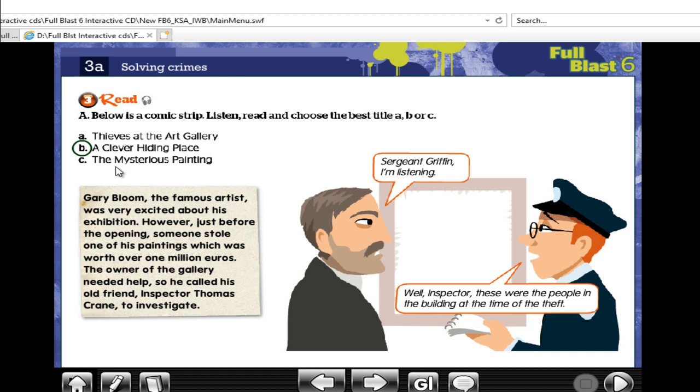However, just before the opening, someone stole one of the paintings, which was worth over 1 million euros. What does worth mean? Worth means equivalent in value. So the price of that painting was worth over 1 million euros. The euro is about 5 Saudi riyals. The owner of the gallery needed help.